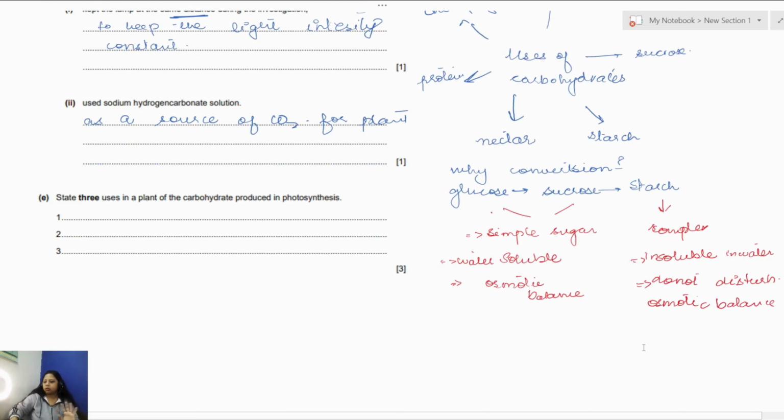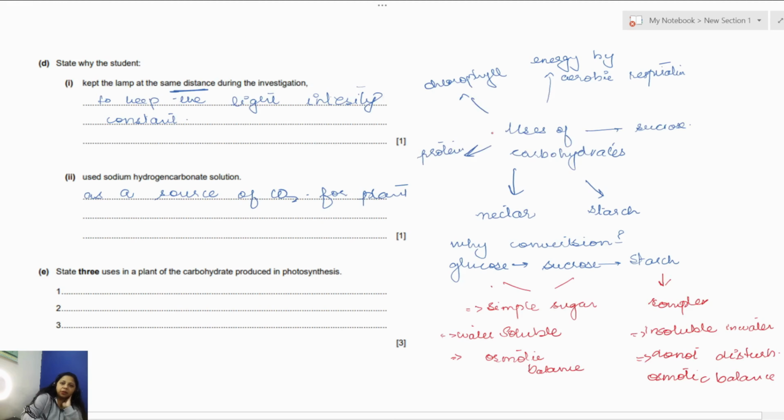So these are the six uses that you must know. One, two, three, four, five, and six. Protein with nitrates: carbohydrates unite with nitrates to make proteins.